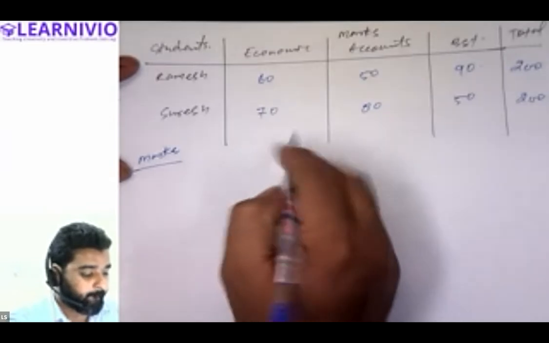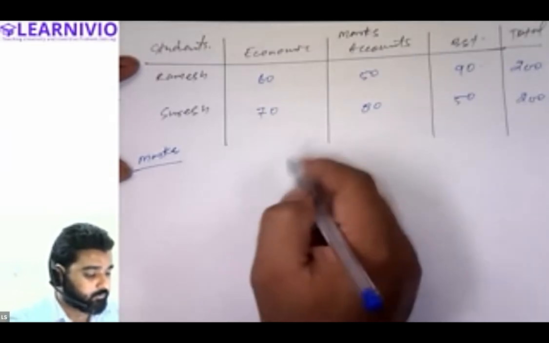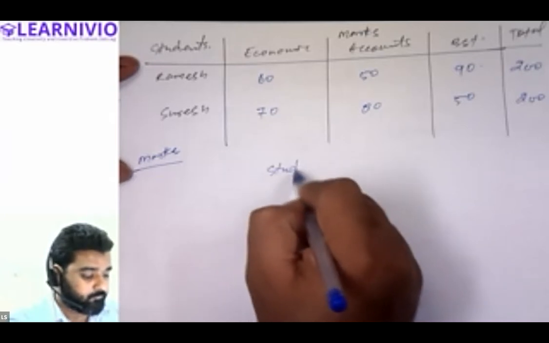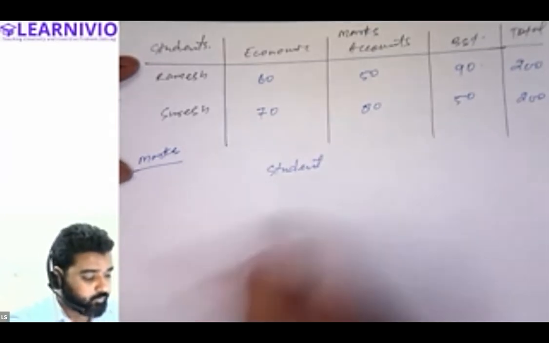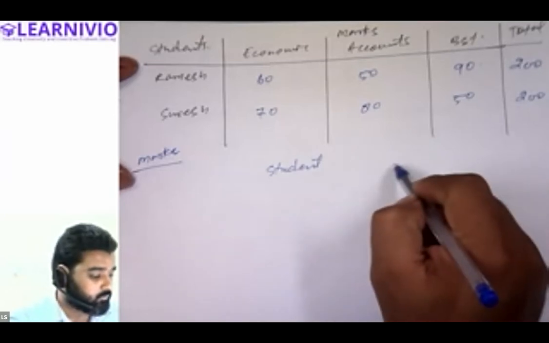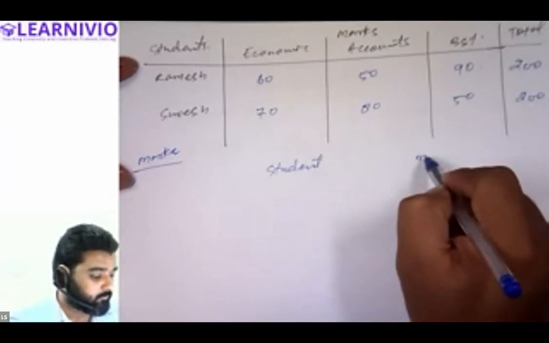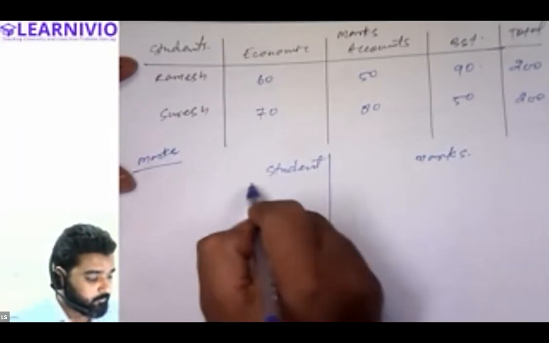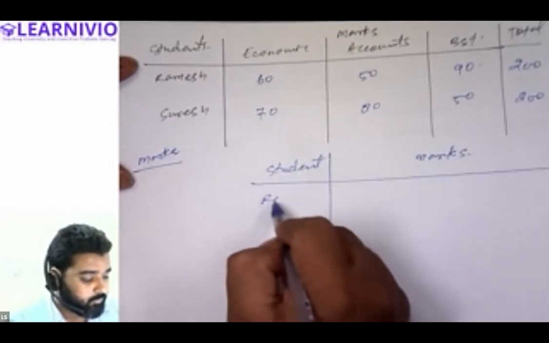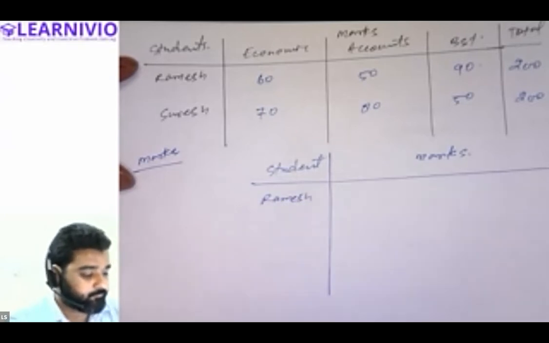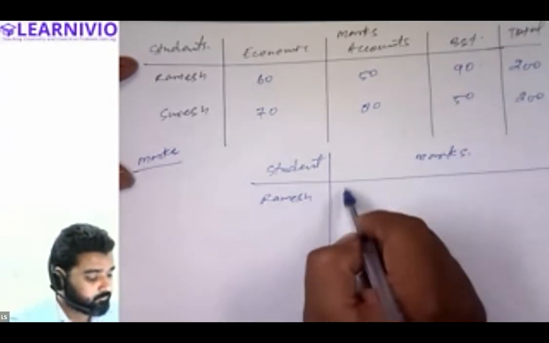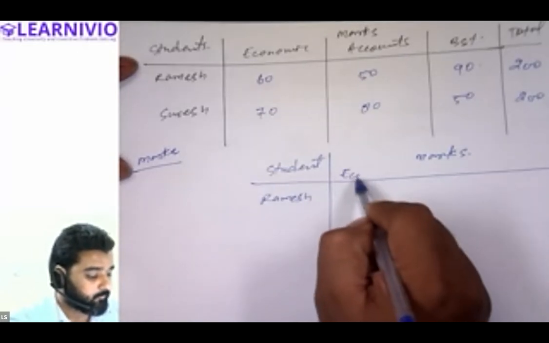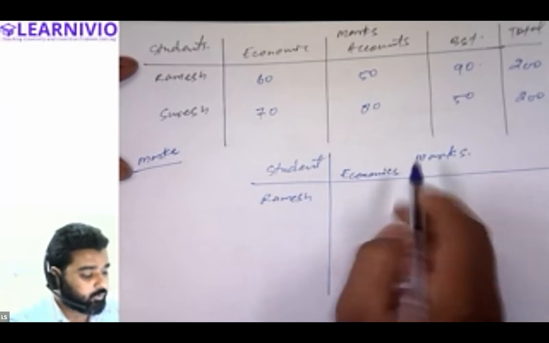So we will be solving it like this. Students and their marks. Ramesh. Ramesh has scored in economics 60 marks.